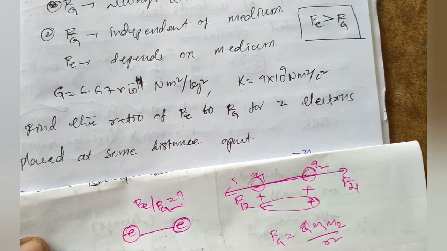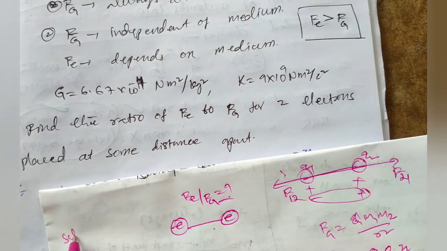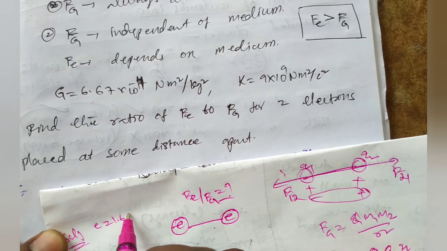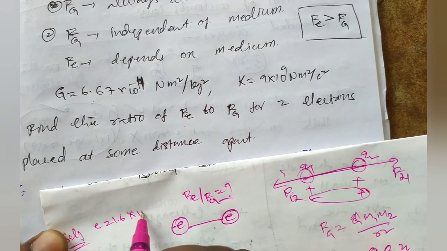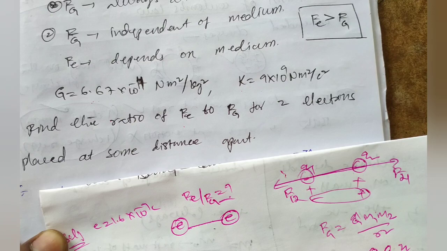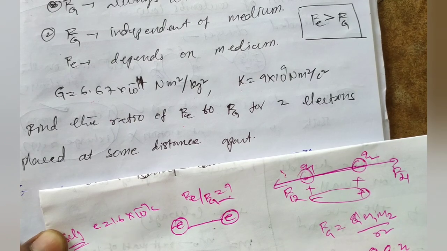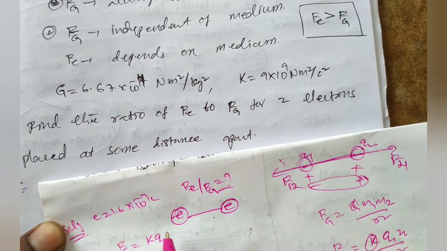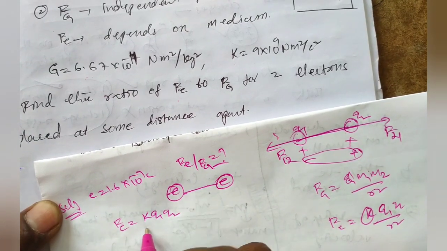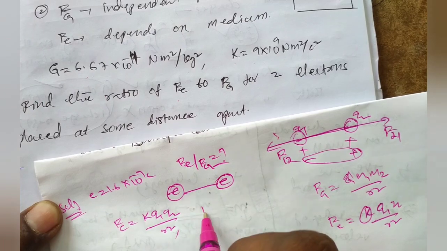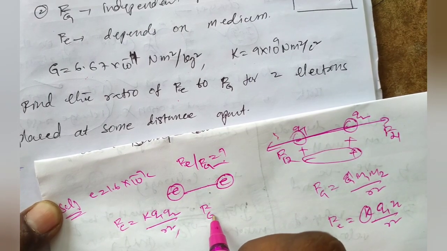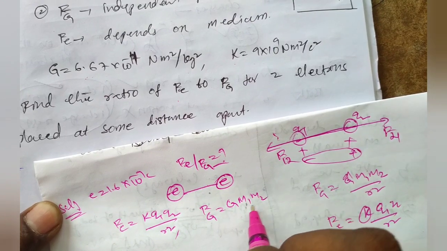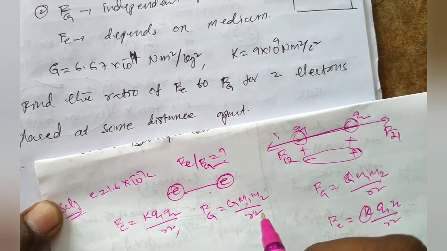From the solution, the electric charge e is equal to 1.6 into 10 to the power of minus 19 coulombs. The electrostatic force is Fe is equal to k q1 q2 by r square, and Fg is equal to G m1 m2 by r square.